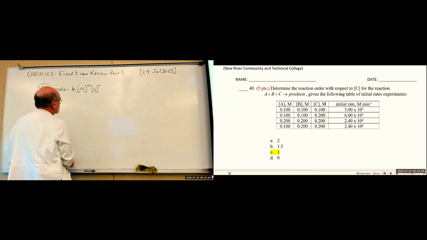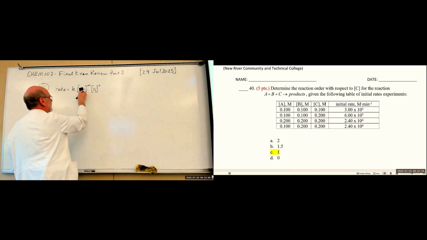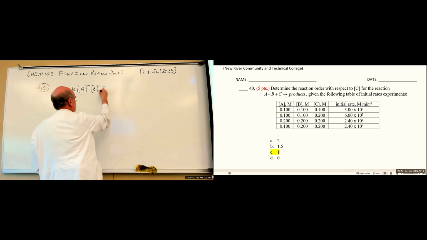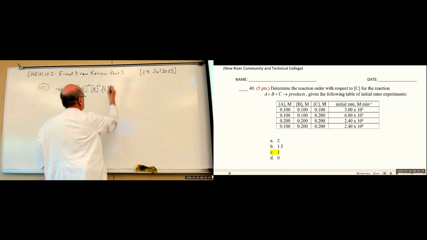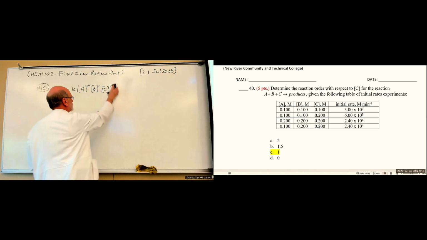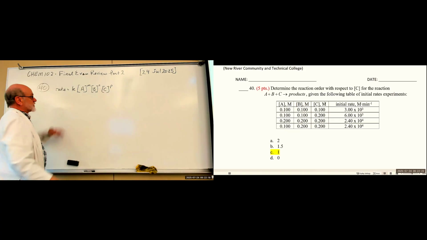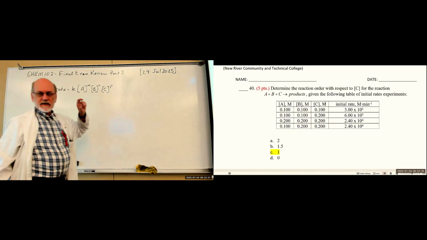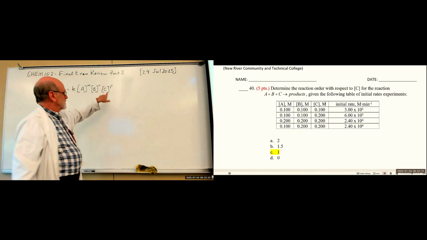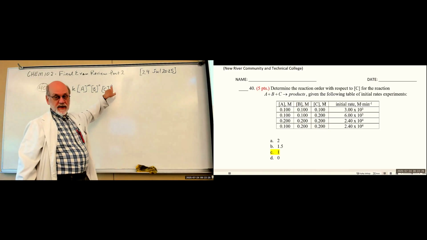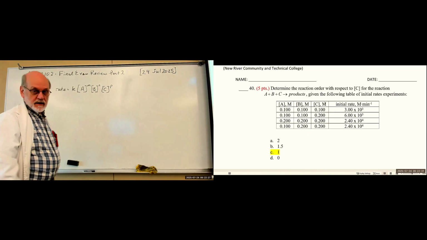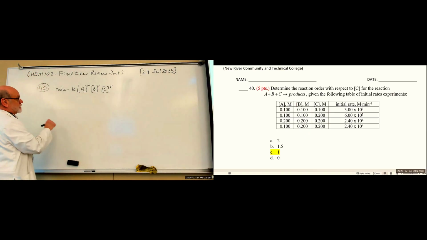Oh, excuse me. No, we don't. We have A and B and C. So I want to put P. There we go. So this is the entire rate law, but we're only interested in the order with respect to C.